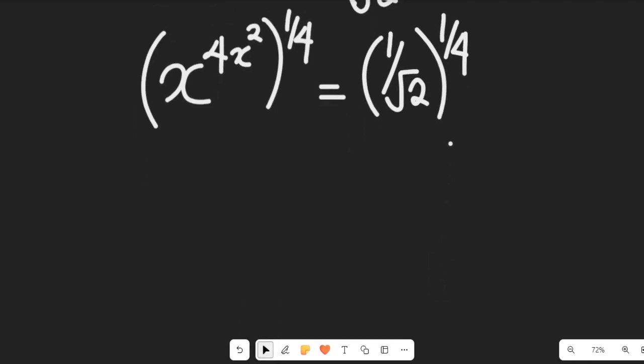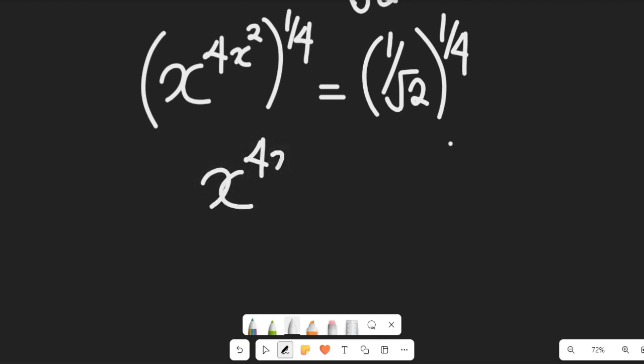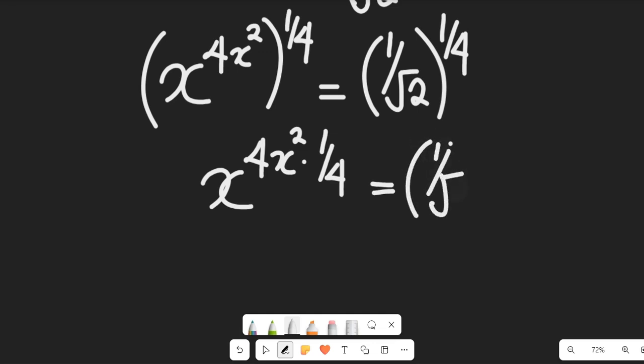Now, considering that the exponent will have to multiply, then I'll have this become x to the power of 4x squared multiplied by 1 divided by 4, and this will be equal to, on this other side, 1 divided by the square root of 2, to the power of 1 divided by 4.